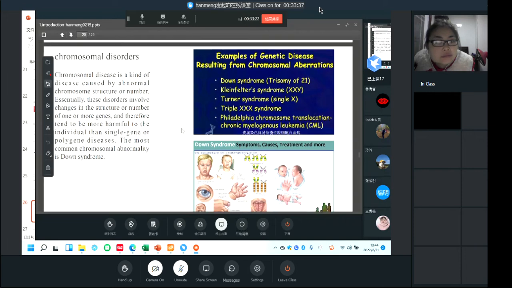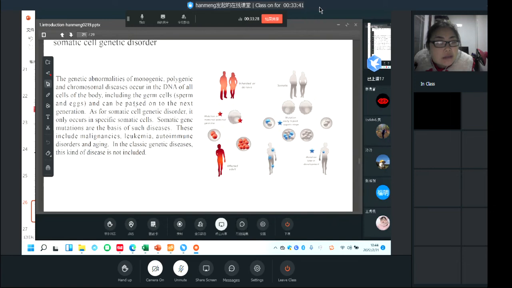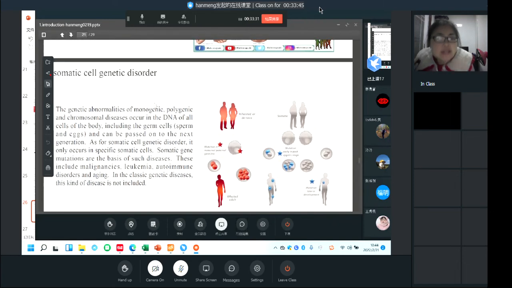The last one is the somatic cell genetic disorder. The somatic cell genetic disorder is not included in the classical genetic disease, but you must know some knowledge of it.